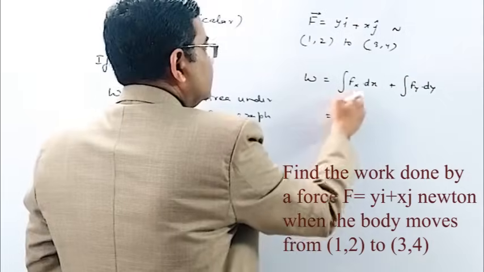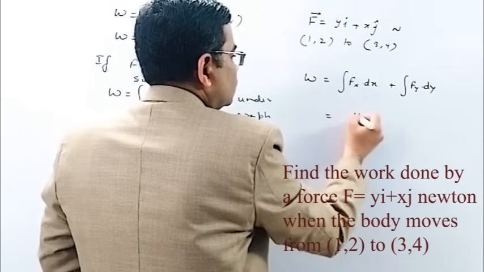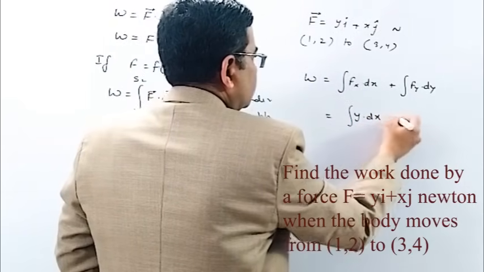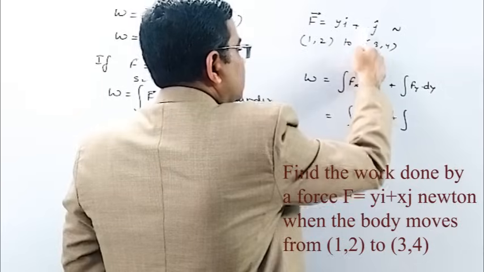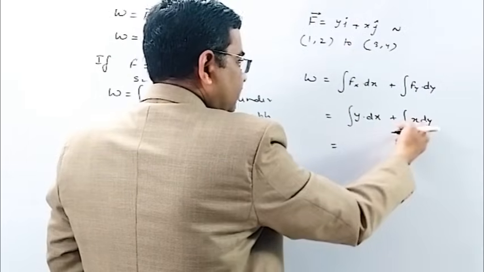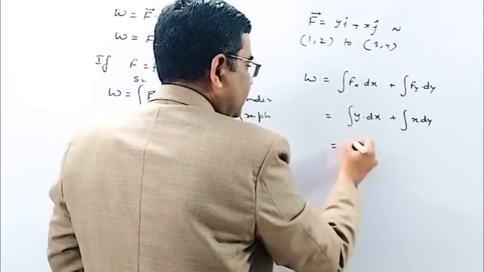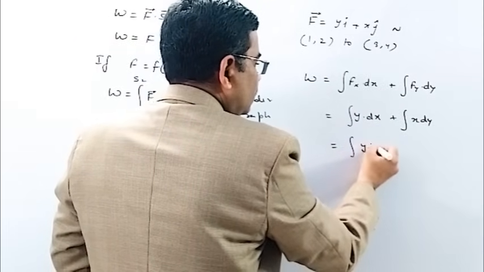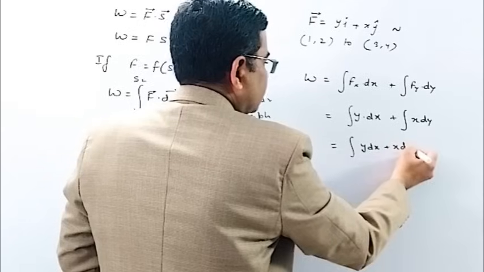Now Fx is y, so it is y dx plus Fy is x, so it is x dy, and if I combine these two I can get integration of y dx plus x dy.